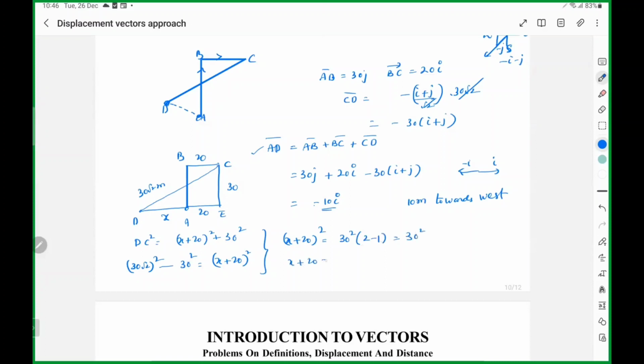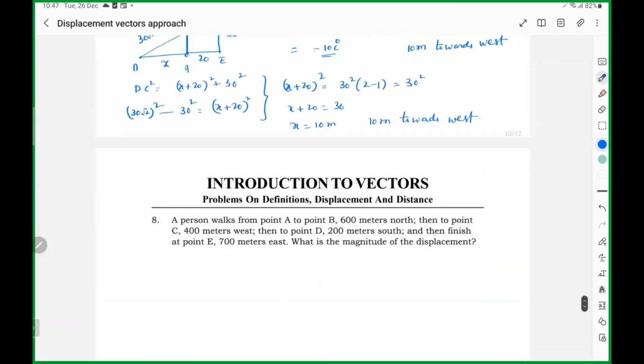So x plus 20 is 30. That means 10 meters towards west. So this is how, without using vectors, and with vectors.